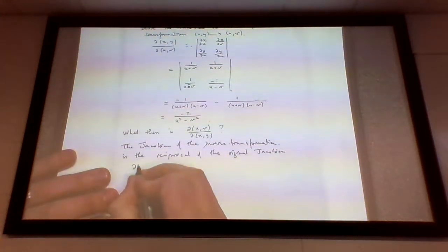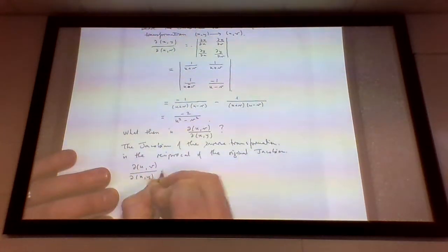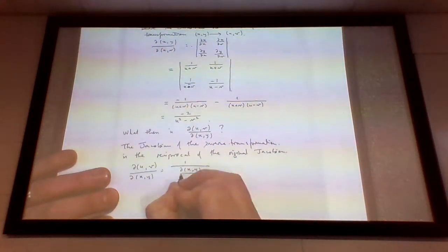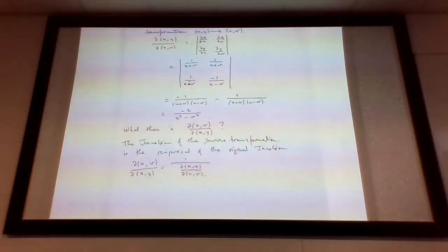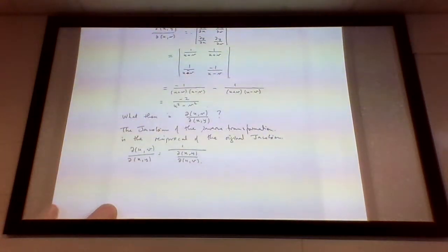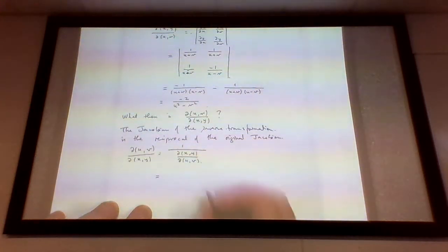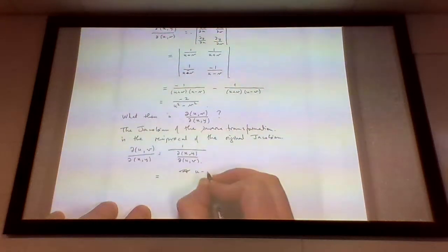So ∂(u,v)/∂(x,y) will be 1 over ∂(x,y)/∂(u,v). Okay, the reciprocal there. So it'll be minus 2 over u squared minus v squared.